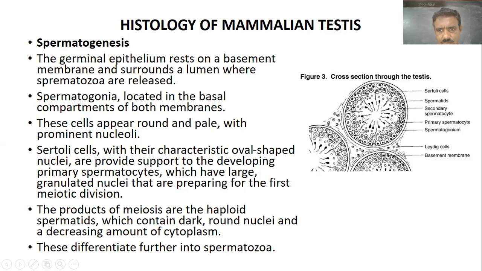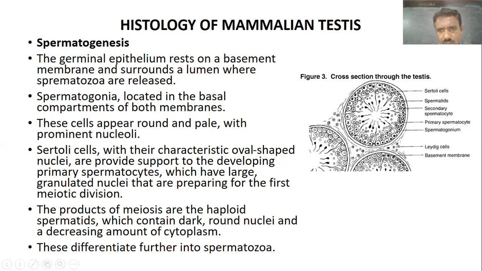These are Sertoli cells with their characteristic oval-shaped, egg-shaped nuclei. The Sertoli cells provide support to the developing spermatocytes, which have large granulated nuclei.